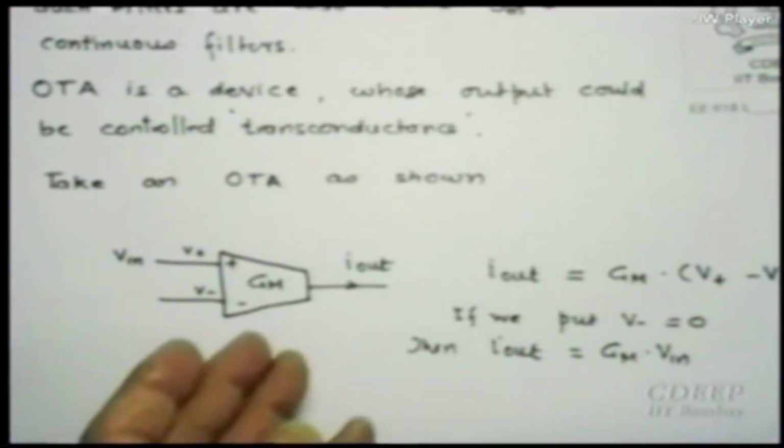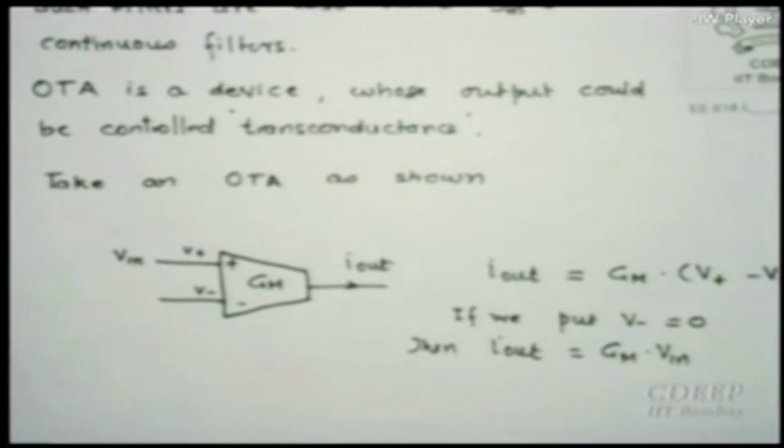Let us start with the actual filters. The typical OTA, as I showed here, has a transconductance GM. In the actual circuit which I showed you, if the multiplying factor K is 1, then small gm and capital GM are the same, otherwise K times small gm is the capital GM.